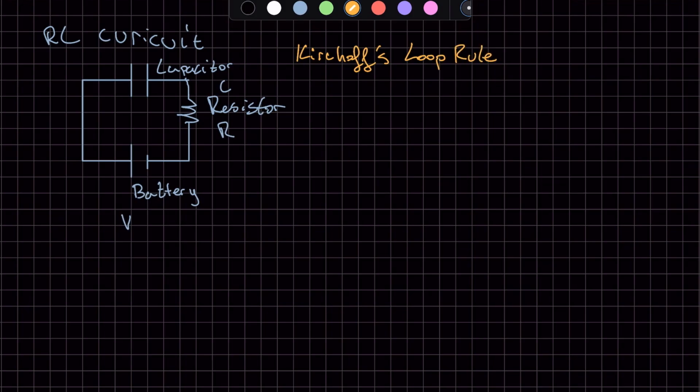And this states that the net potential difference of a circuit is equal to 0.